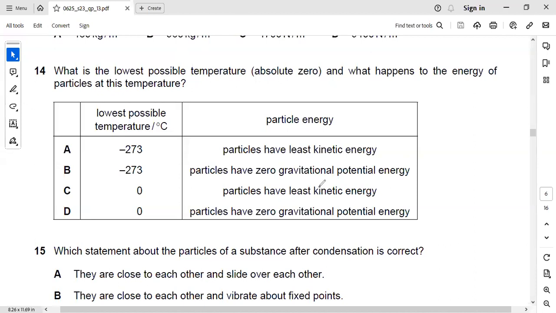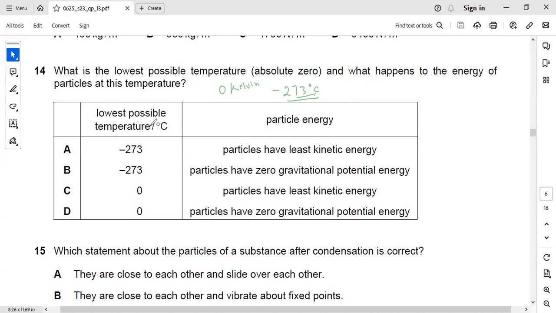Next, which is the lowest possible temperature, that is absolute zero, and what will happen to the energy of the particles at this temperature. So the lowest possible temperature, absolute zero, can be 0 Kelvin or minus 273 degrees Celsius.